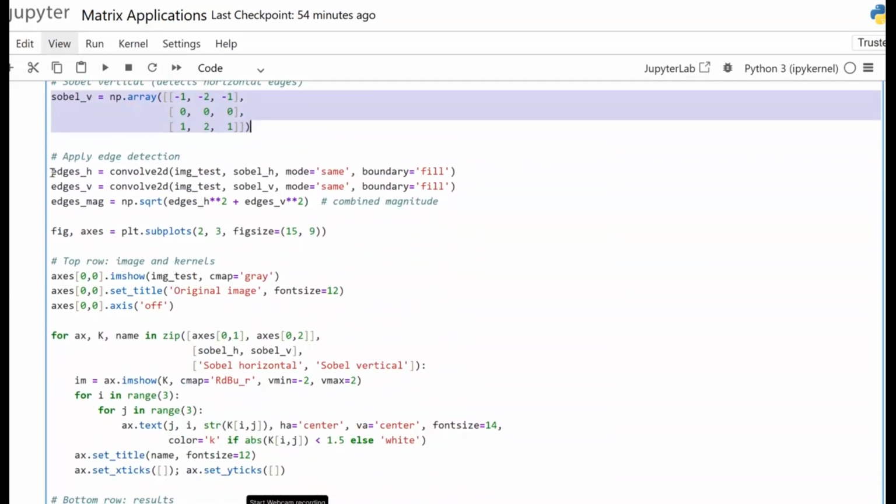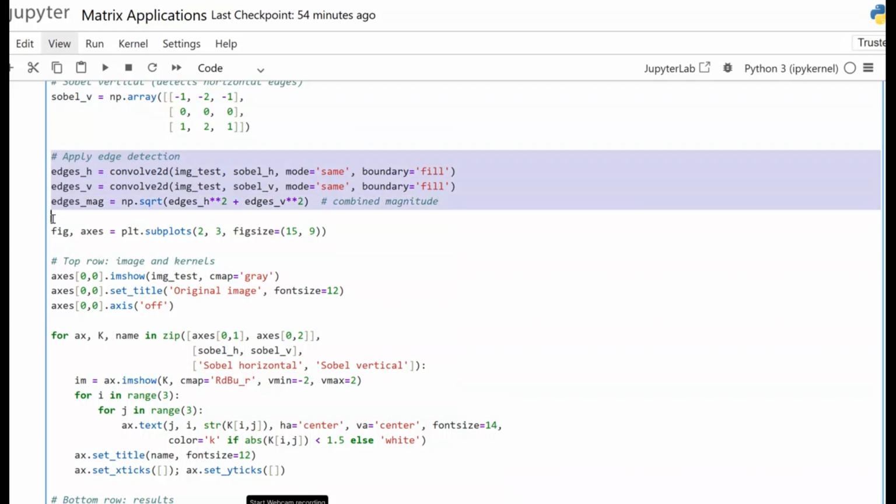Now let me apply the convolution. Here we make the edge extraction, and this applies discrete derivative filters. Kindly see here, the mode is same, which preserves the image size, and the boundary is fill, so it pads edges with 0. And here we have the gradient magnitude, which combines directional derivatives into a rotation invariant edge strength.